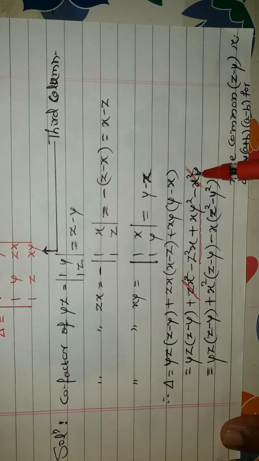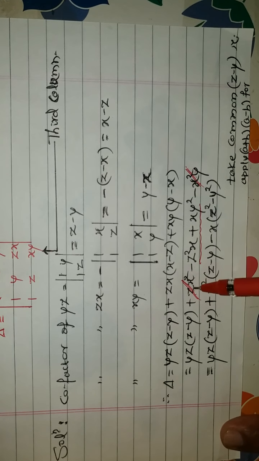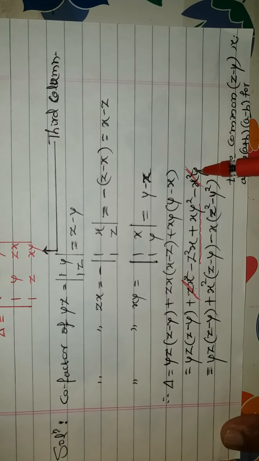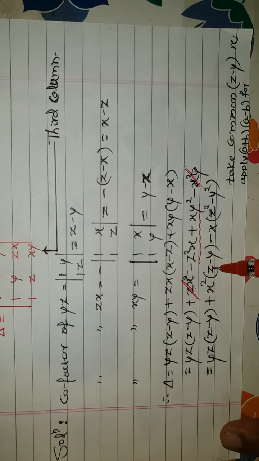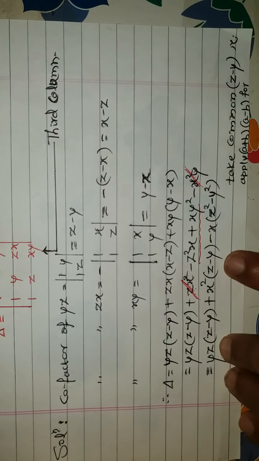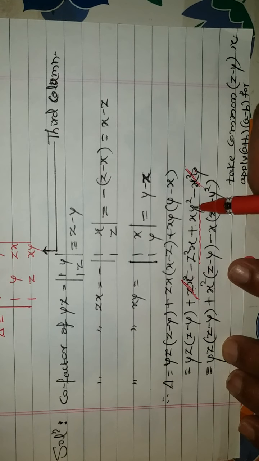Take x square as common from these two terms: zx square, here x square, minus x square y, here x square into z minus y. Then here I have underlined minus z square x plus xy square.